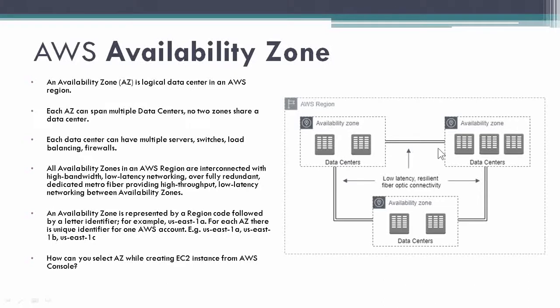data centers. Here there are two data centers, here there are three. The number is not fixed, it may be more than two, sometimes 3, sometimes 4 also. So in each availability zone there are multiple data centers, and each availability zone is connected with low latency, resilient fiber optic connectivity.